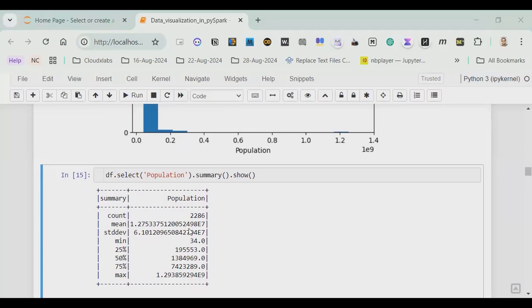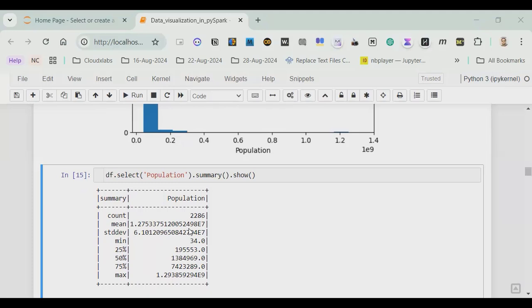In a similar way, can we get a summary of the data? Summary is nothing but what? The data is there, but I just want to look at a statistical summary. If you want to look at the statistical summary, it will give information about any data.